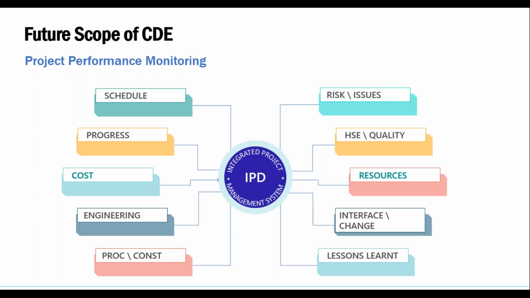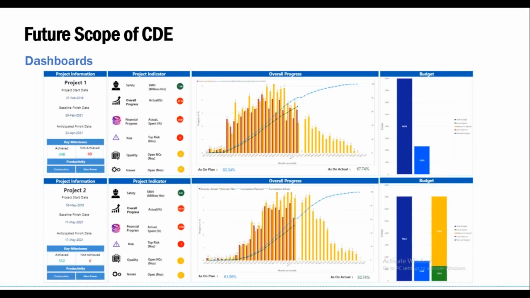Now, further to this, what we talked about is a common data environment for managing the various information handled in the project. If you need to measure performance, the next step and future scope of CDE is to extend this to monitor the full scope of the project: the progress, the cost, engineering, procurement, risk, HSE, resources, interfaces, and lessons learned through an integrated project management approach, so that you get real-time dashboards which show you the health of your project.